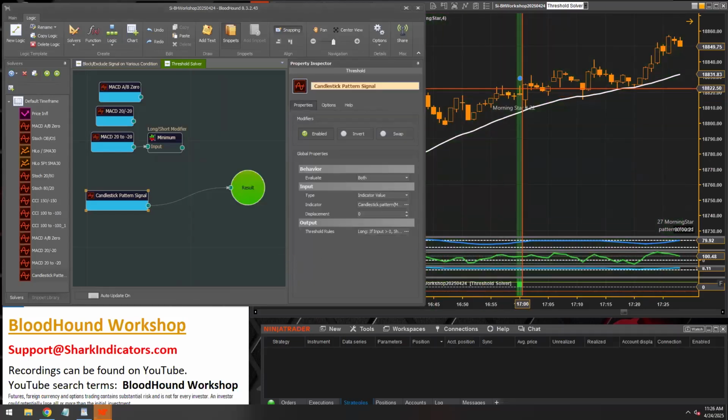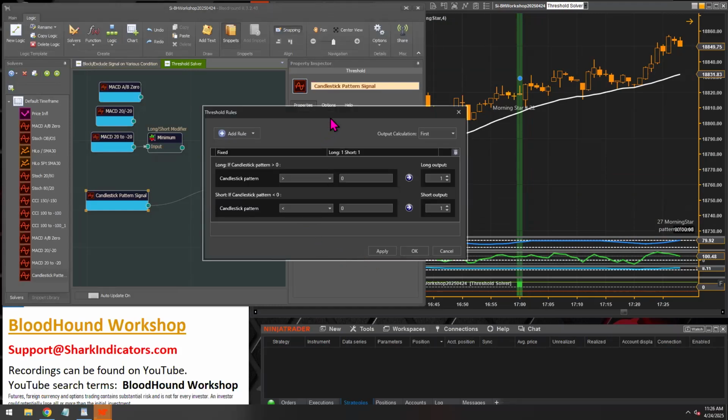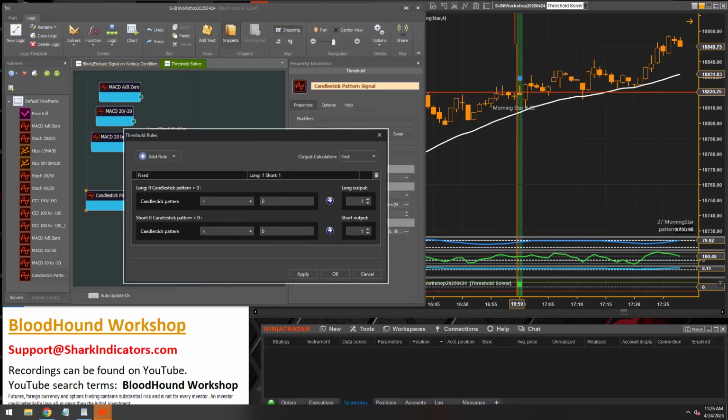And so there we go. Yeah, I got lucky. I did pick the right bar. So let's go into the rules window here. The reason why we get a long signal here is because we're looking for a value that's greater than 0. And there we go.